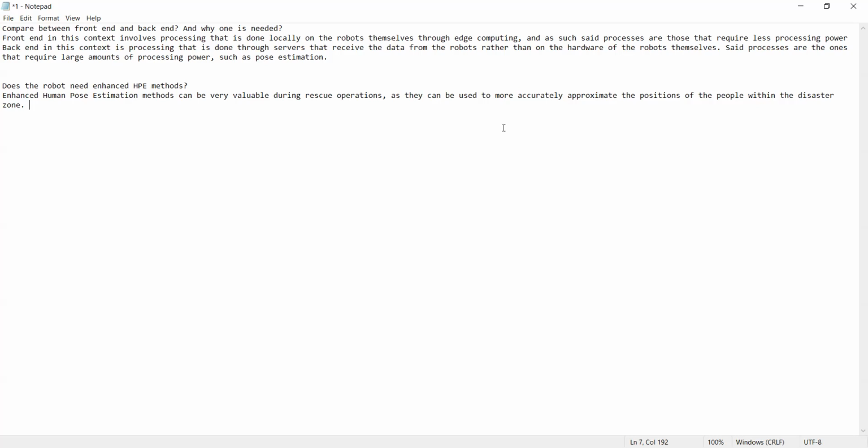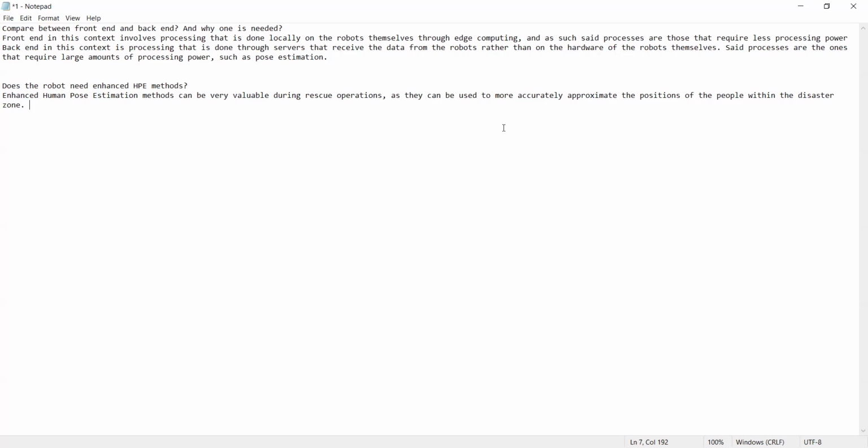Yes, yes. So the point here that I would like to tell you is that if you're analyzing a player or a single person, the pose estimation for a single person and finding the points of his body parts is quite easy. Not easy, but it's not as difficult as when you have multiple people in close proximity.